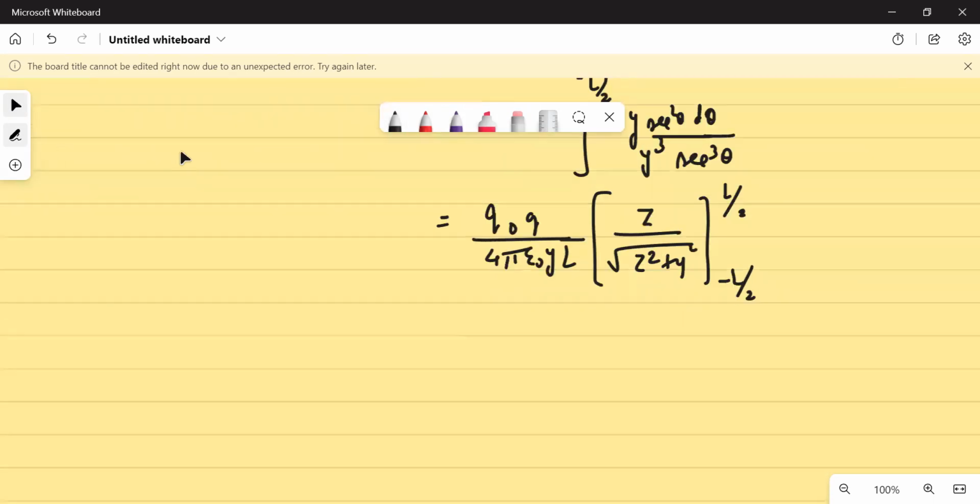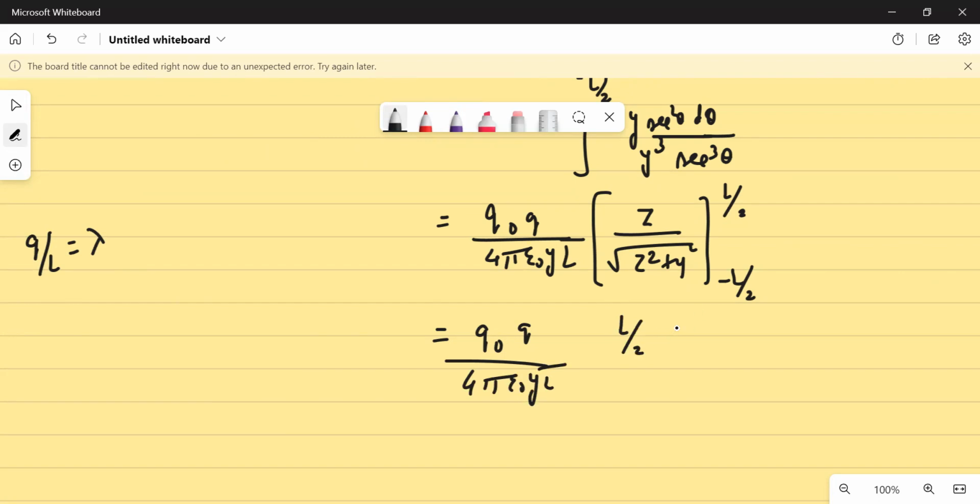So if at all I want to write this finally, I can also write my q by L as some lambda. If I don't want to write it, I'll keep this going. So this will be L by 2 upon root over z square plus L square by 4, and then again minus this will be plus, so this will be 2.